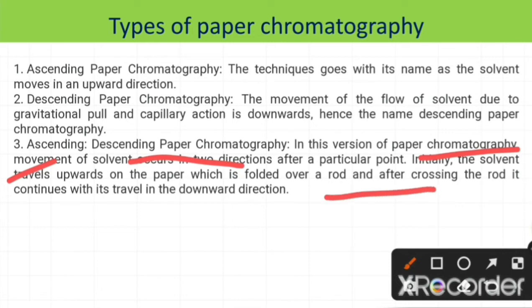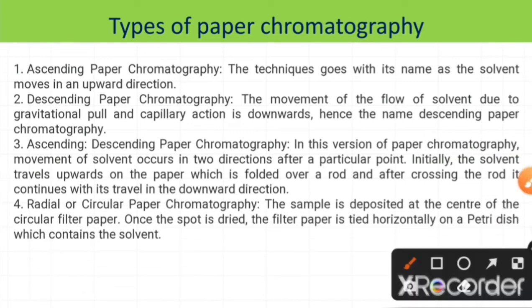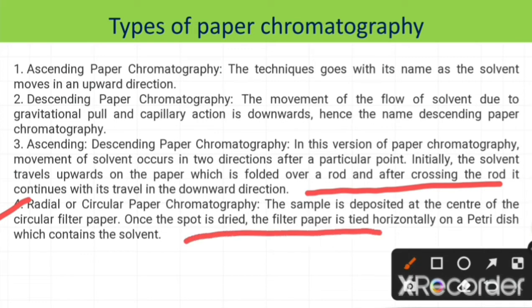After crossing the rod, it continues its travel in the downward direction. The fourth type of paper chromatography is radial or circular paper chromatography. The sample is deposited at the center of the circular filter paper. When the spot is dried, the filter paper is tied horizontally on a petri dish which contains the solvent.